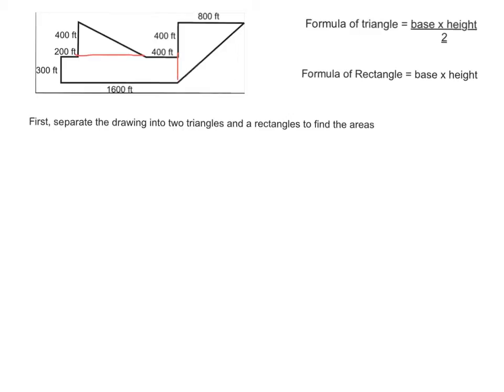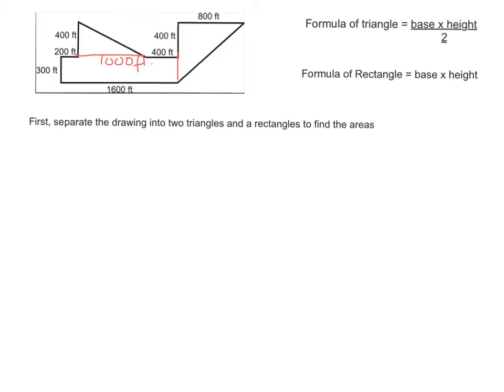Now, can you see in here, in this place, if the whole thing is 1600, okay? And I have 200 here and 400 here. And 200 and 400 makes 600. So then this part must be 1,000 feet.